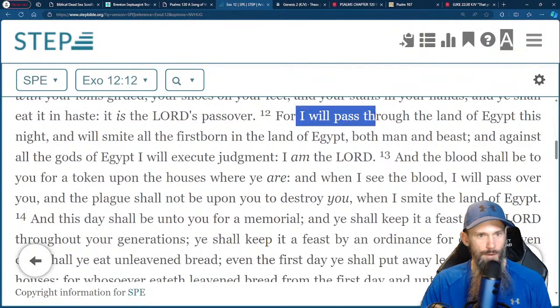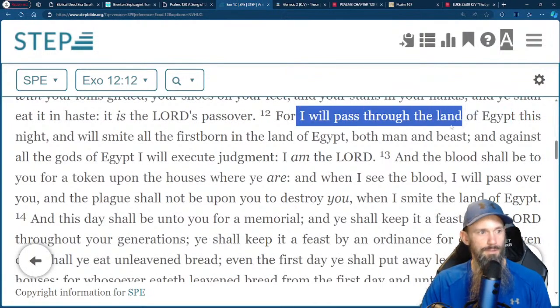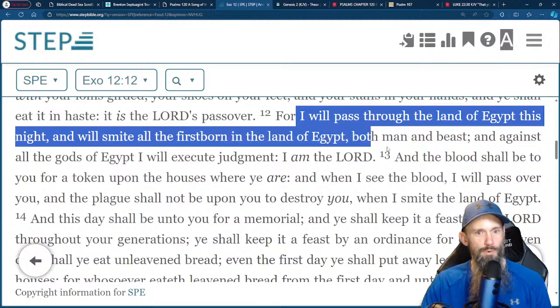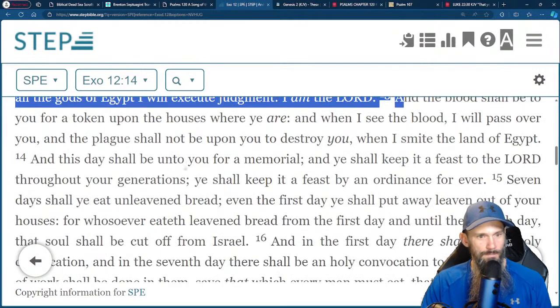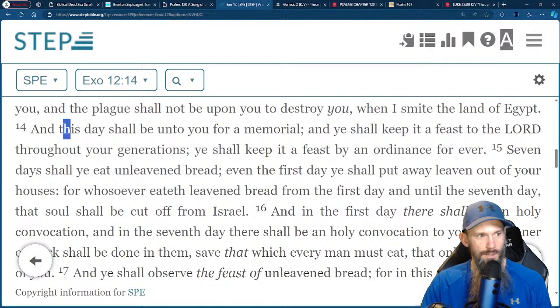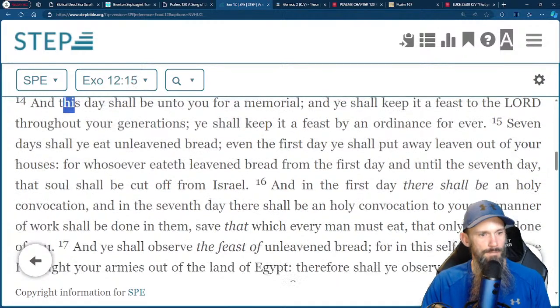Yep, so it says, for I will pass through the land of Egypt, Messiah, smite the firstborn. So even when he has someone else do it, he can say, I did it, right? If you send somebody to do something, it's still you sending them to do it.